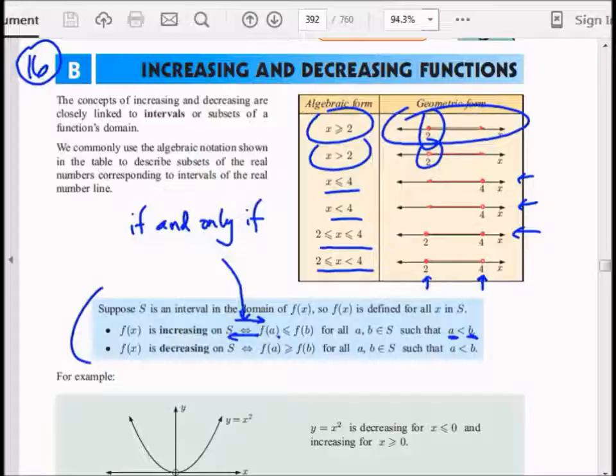That would be an increasing function because it's going to be something in this direction graphically. Other way around, if a is smaller than b, but when we plug a into our function it gives us a greater number than when we plug b in, then that's a decreasing function.